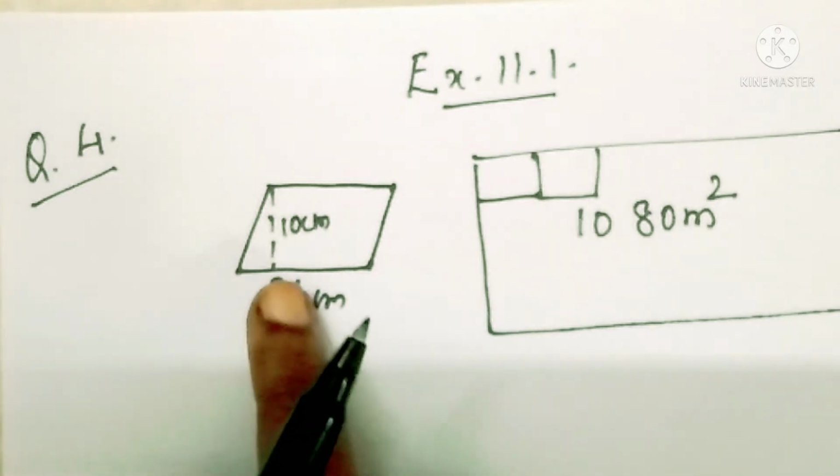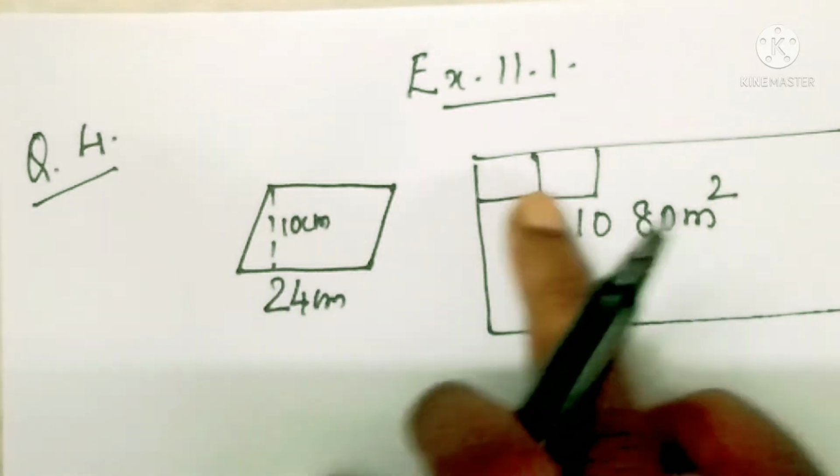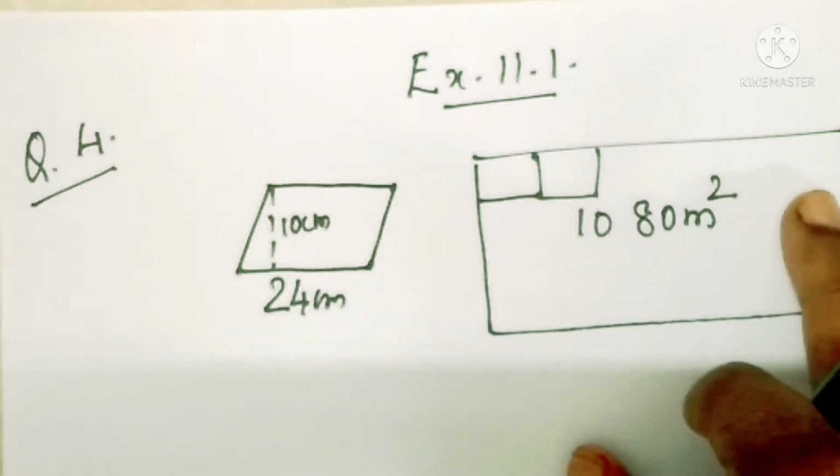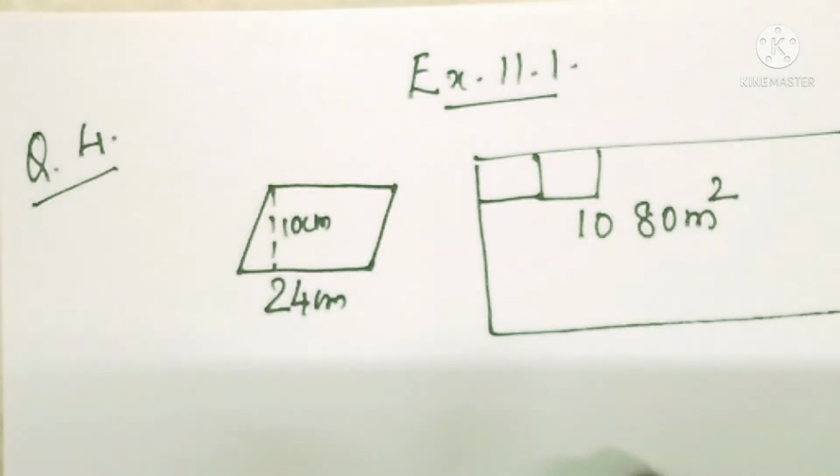Sometimes it won't come out completely. For example, if along this line I needed 10 and a half tiles, then you can cut it. That provision is given there. That means find how many such tiles are required to cover a floor of area 1080 meters square, and if required you can split the tiles in whatever way you want to fill up the corners.